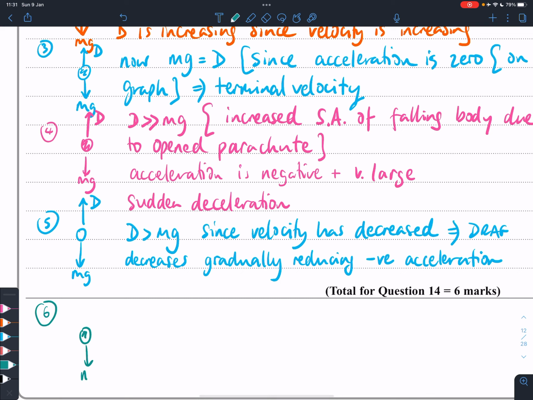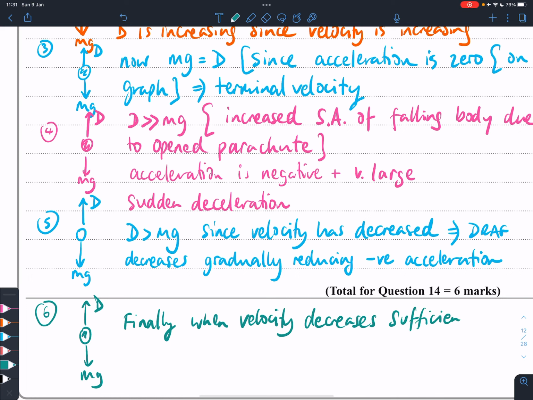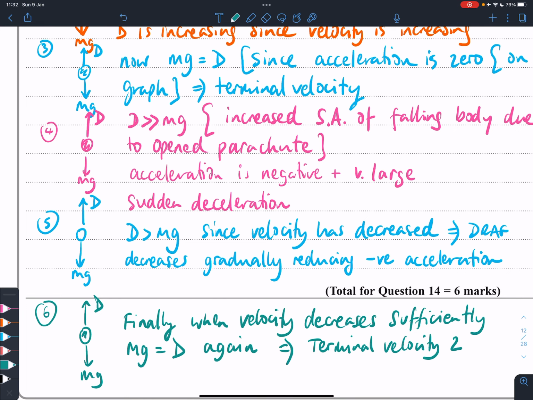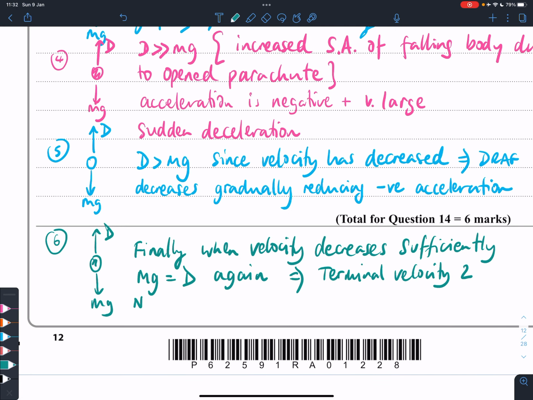And now mg is equal to D. Finally, when velocity decreases sufficiently or enough, mg is equal to D again, which is terminal velocity 2. No further deceleration.